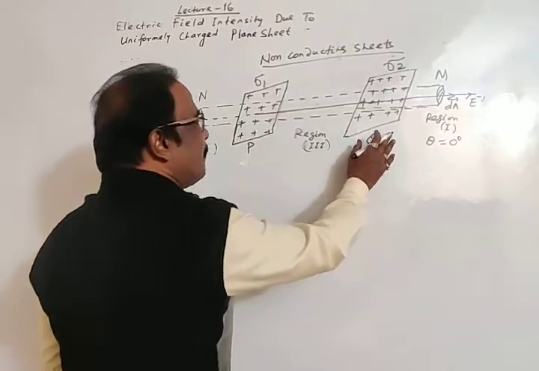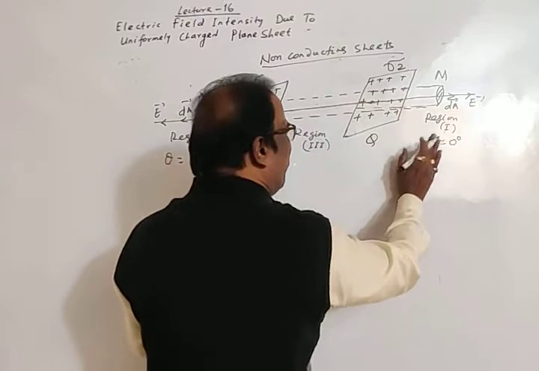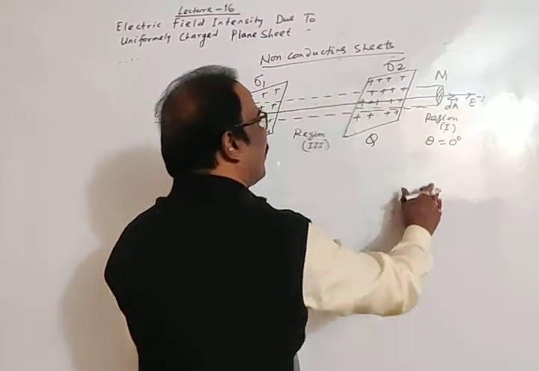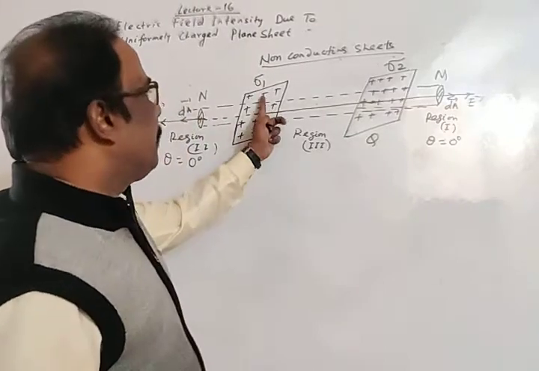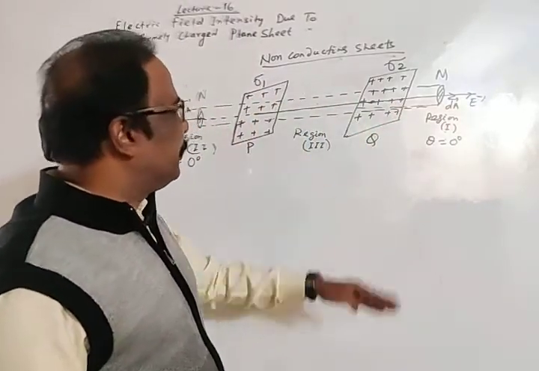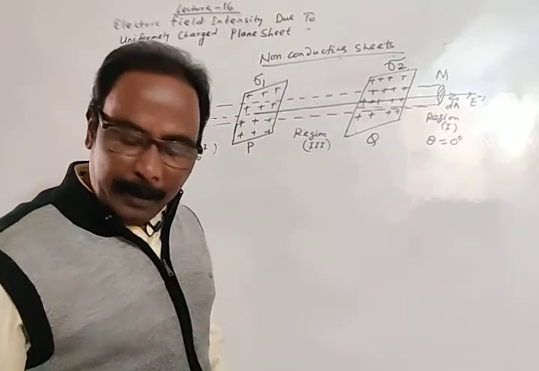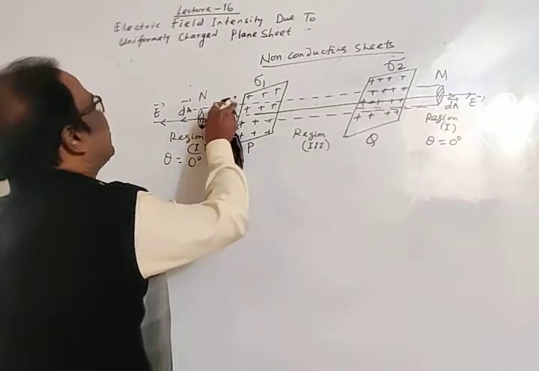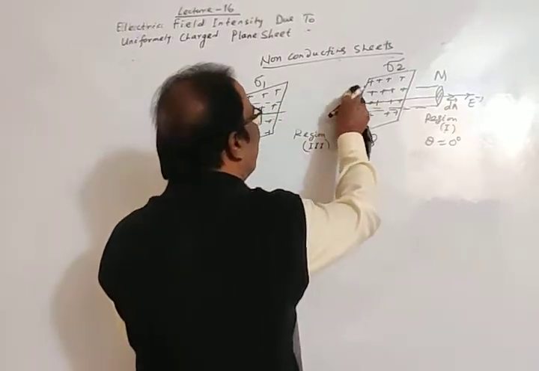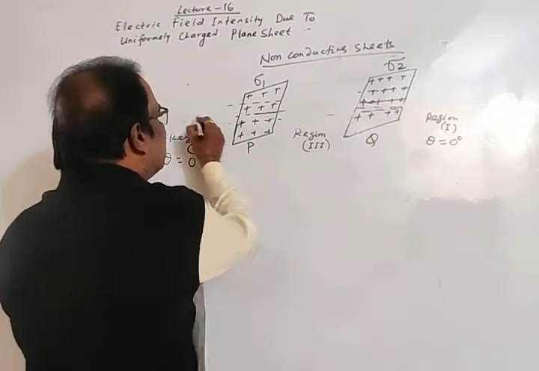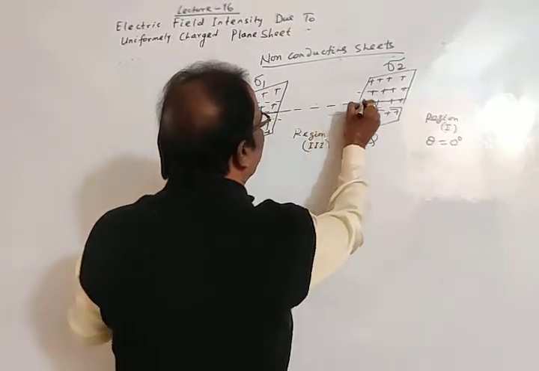Here we may take the electric field directly. This is one plate, this is another plate. We know that the direction of electric field for a positive charge is away from the surface. I am just doing the representation of electric field. This is the line which is symmetric for both the plates.